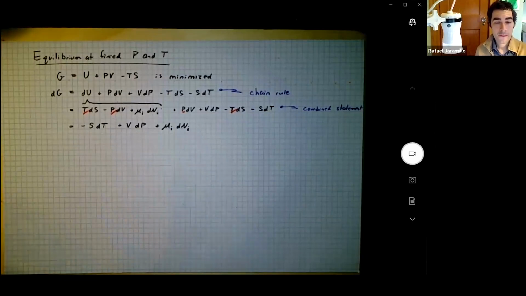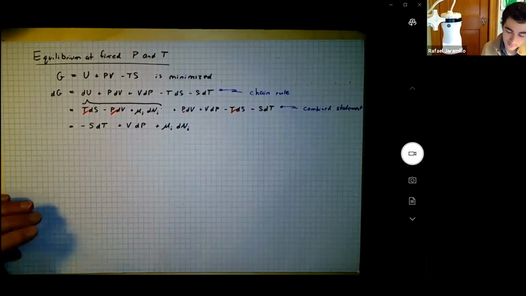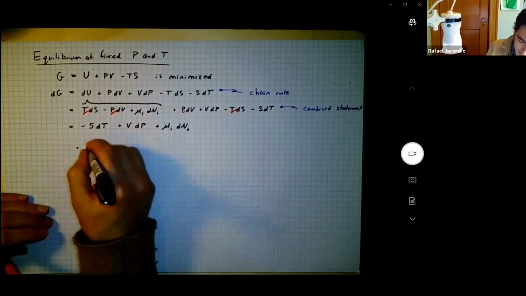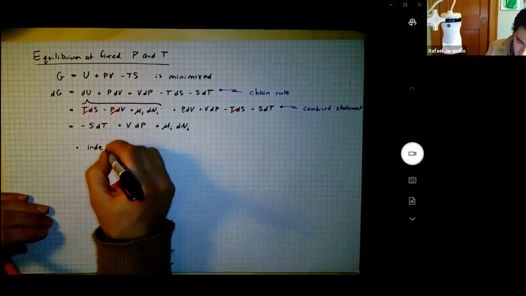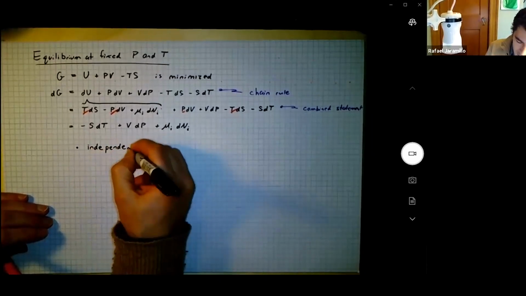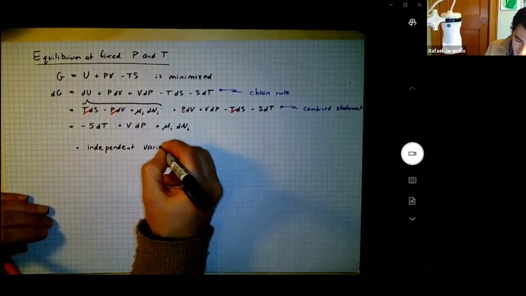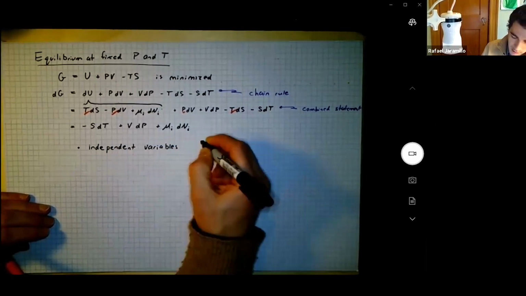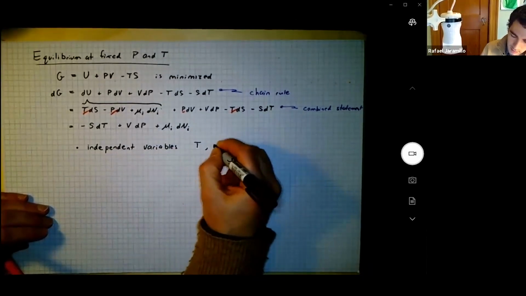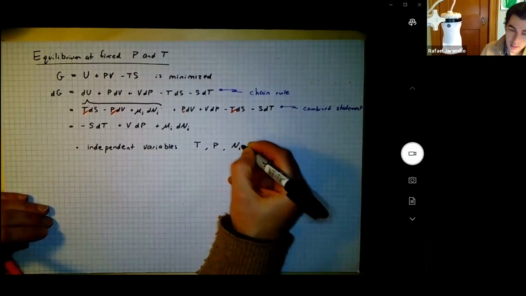And that's what the calculus gives us. So there's a little clue there into how the Legendre transform works, but again, we won't go there. So the independent variables are T, P, and N_i.